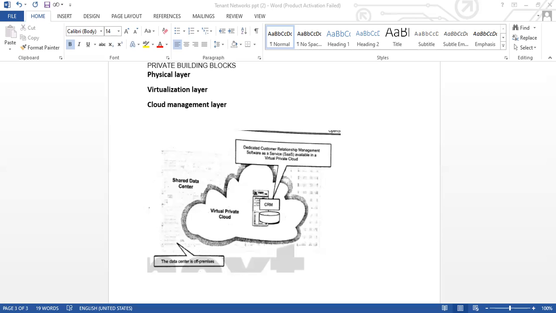The upper layers of the cloud computing stack, that is PaaS and SaaS, in a virtual private cloud are dedicated to the organization. So the virtual private cloud may participate in a hybrid cloud.